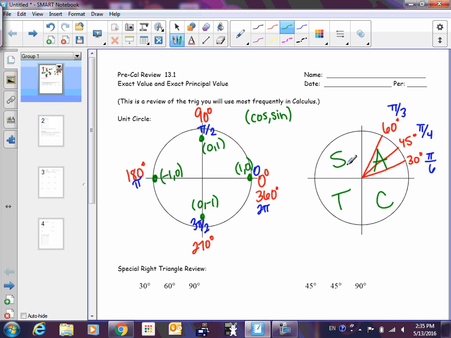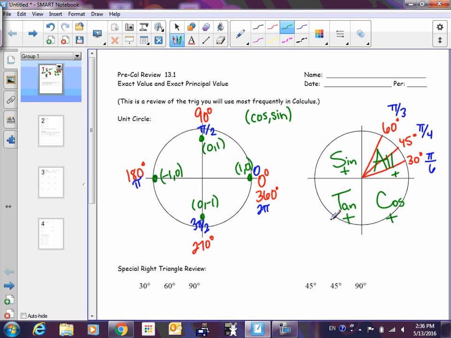Okay, the S in the second quadrant means that sine is positive. That means that cosecant would also need to be positive, and the other's negative. In the third quadrant, tangent's the one that's positive, so along with it, cotangent. And in the fourth quadrant, cosine and its reciprocal secant are the positive ones.